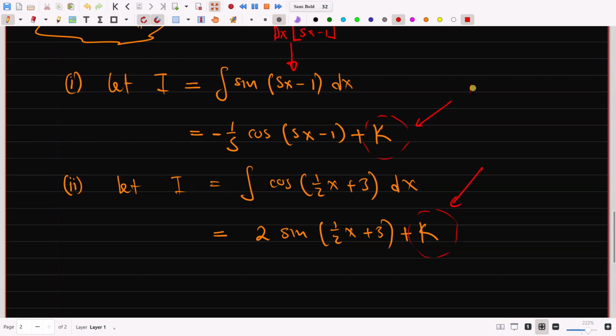I think we did explain in our first lesson why we need an integral constant, so we don't need to re-emphasize that. You just have to remember that every time you're performing an integral without limits, you have to introduce the integral constant at the end, like that. So this is how we integrate basic trigonometric functions.